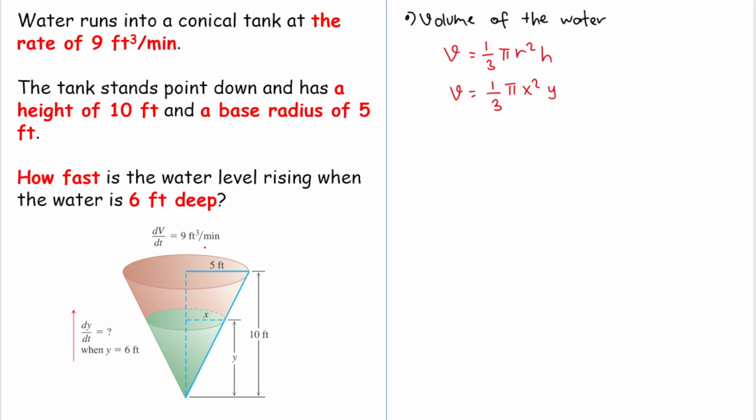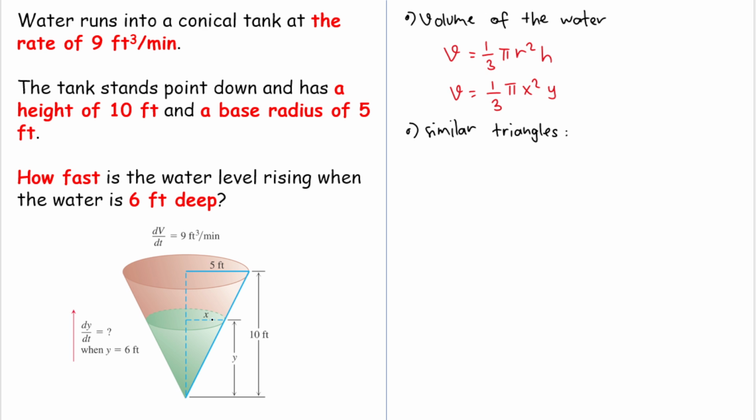If you see here, between the cone of the water and the tank, it is a similar triangle, right? It is drawn with this blue triangle here. We can use the principles of similar triangles. Remember the ratio between sides.